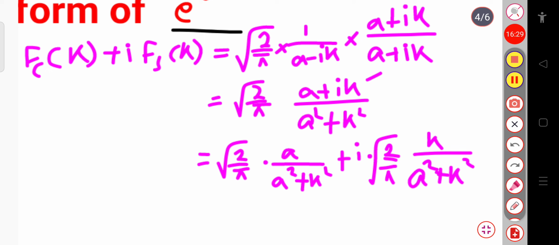Now you can see that on the left hand side and on the right hand side I have separated the real term as well as the imaginary term.